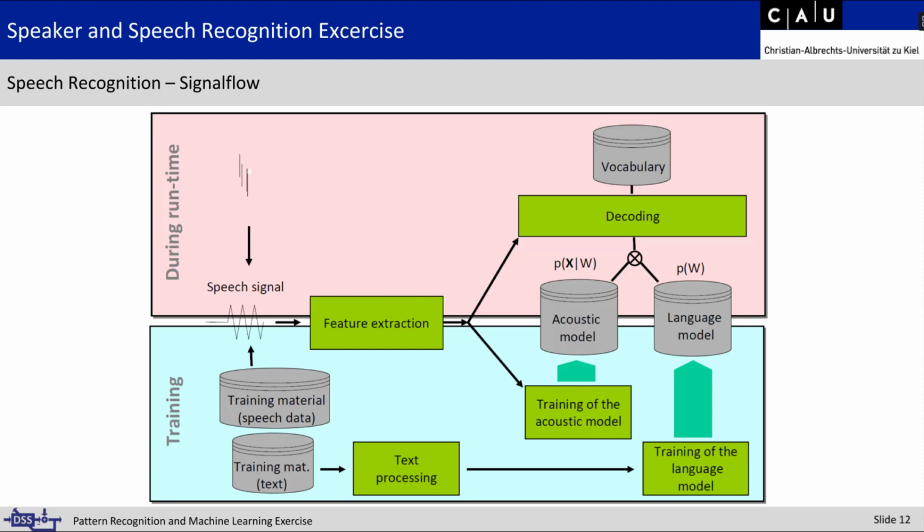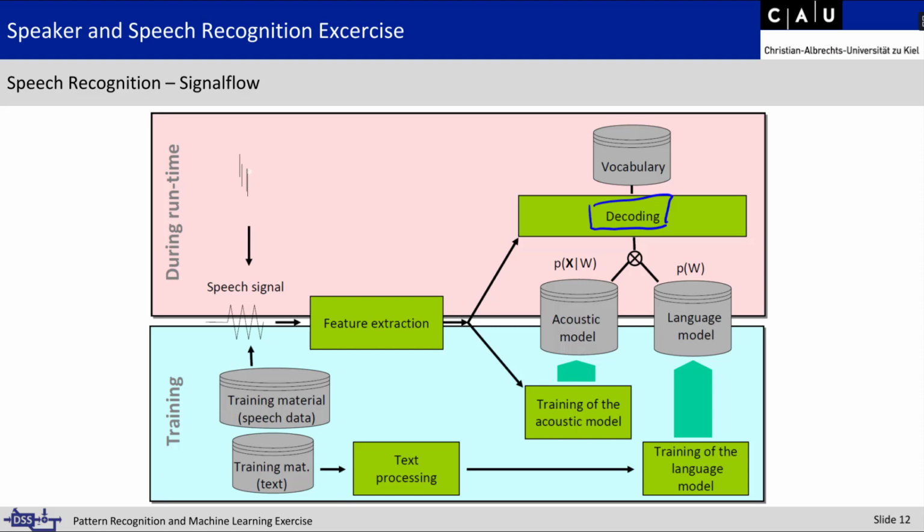Those go into the feature extraction, where we extract our features. This could be, for example, MFCC coefficients, or also LPCs. And afterwards, we go into the decoding phase. In the decoding part, we use two models, the acoustic model and the language model. And afterwards, we get our vocabulary out of it.